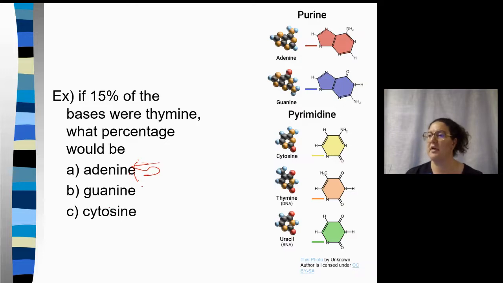Then we have a total of 30% that are thymine and adenine, giving us 70% remaining. If we divide that in two, we have 35% guanine and 35% cytosine.